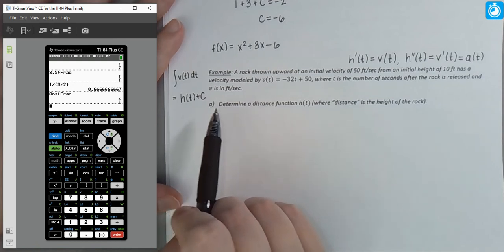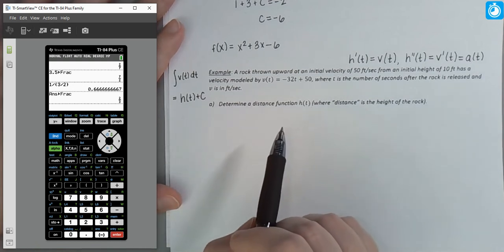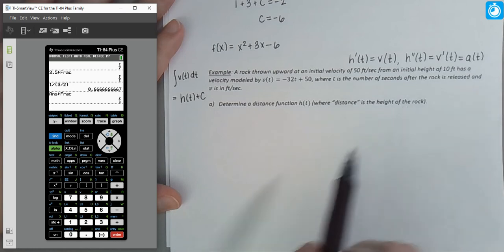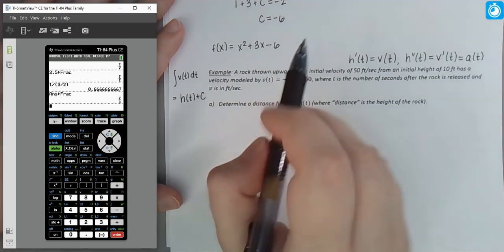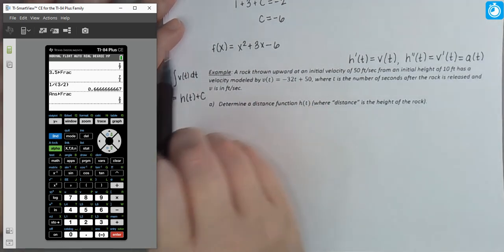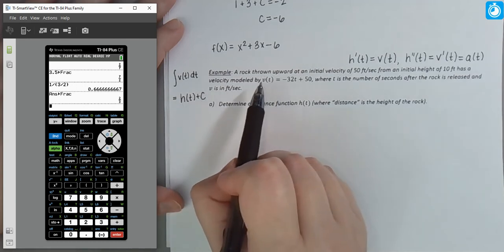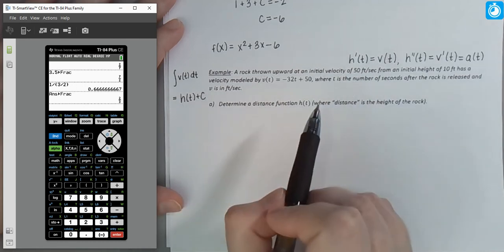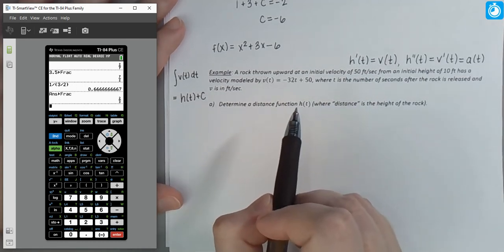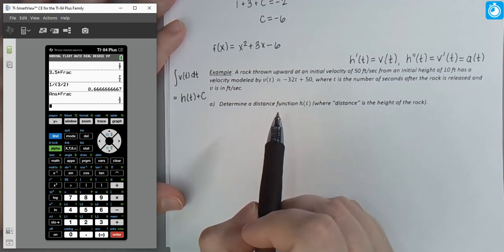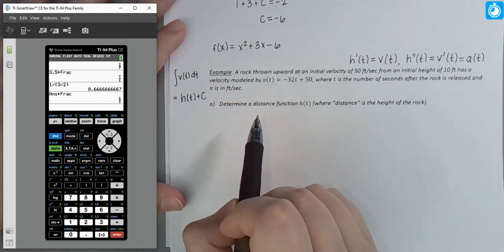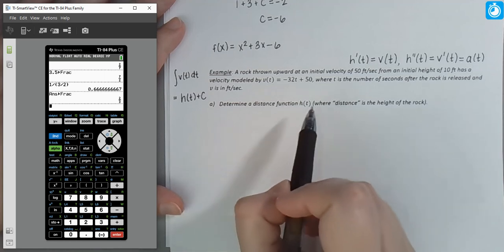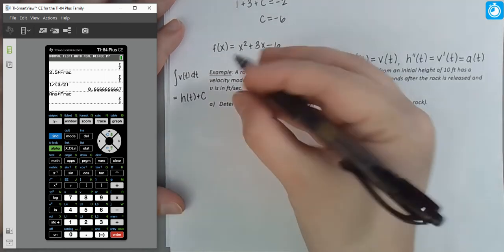So the first thing we want to do is determine a distance function h of t, where distance is the height of the rock. In other words, we want to use this relationship. So we've been given velocity, the derivative of our height, our distance function, and we want to reverse, anti-differentiate this function to find the original position function.